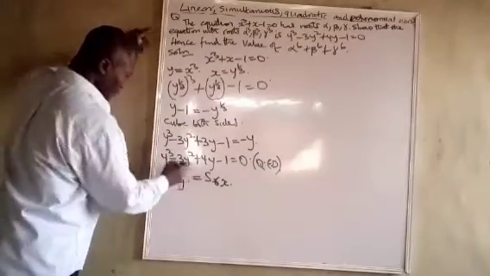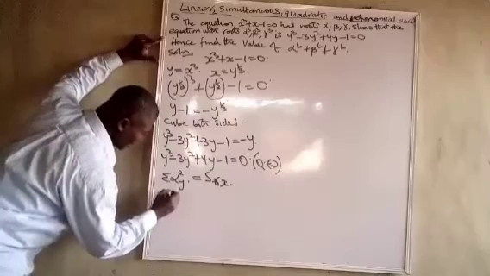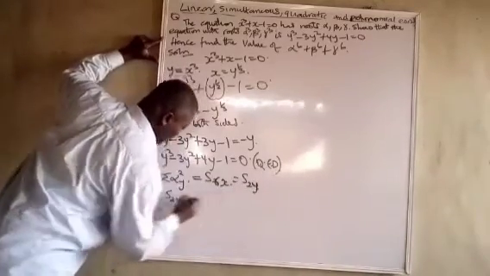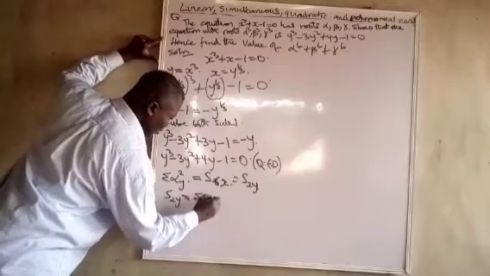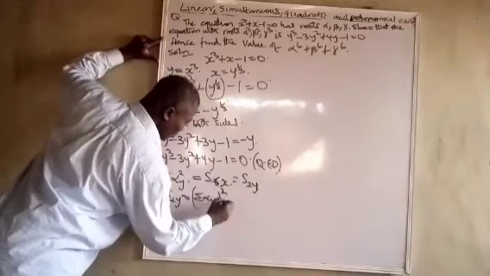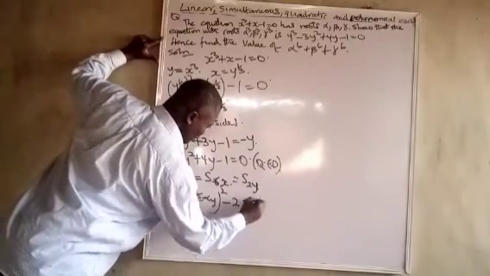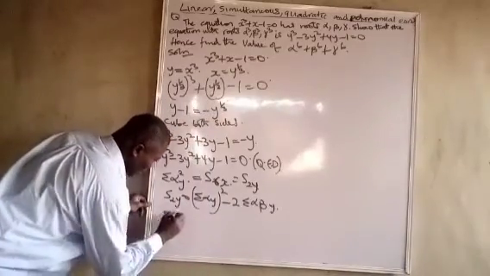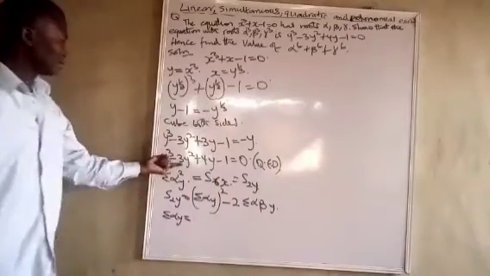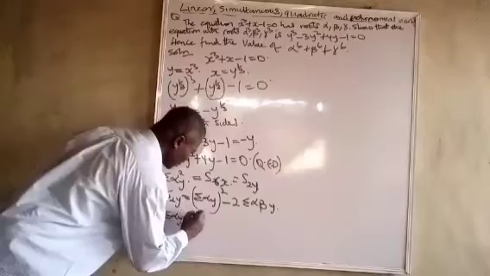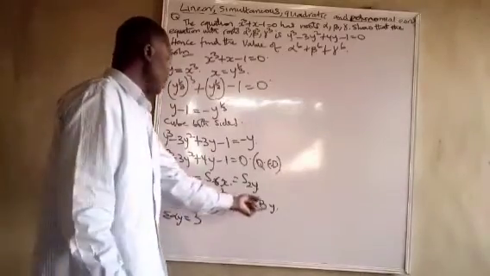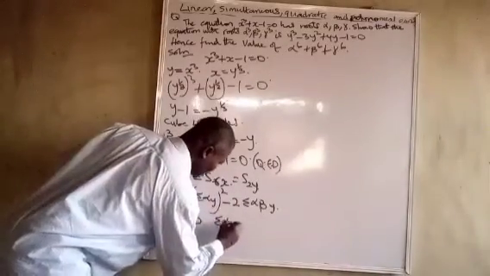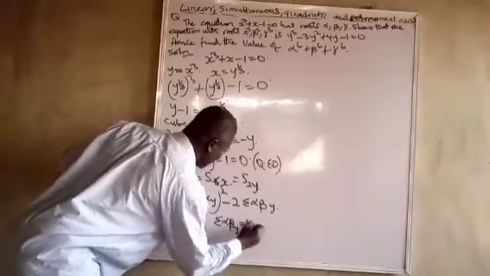Now S2y will be equal to summation alpha y all squared minus 2 summation alpha beta y. So what is summation alpha y? That is minus of minus 3 over 1, that's 3. What is summation alpha beta y? That is 4.